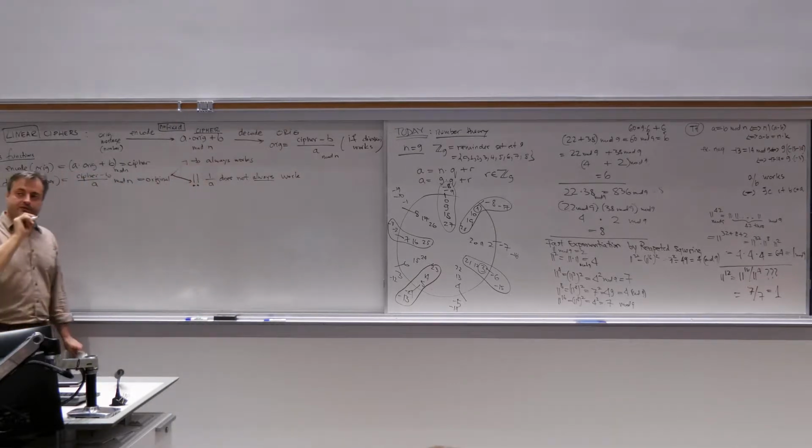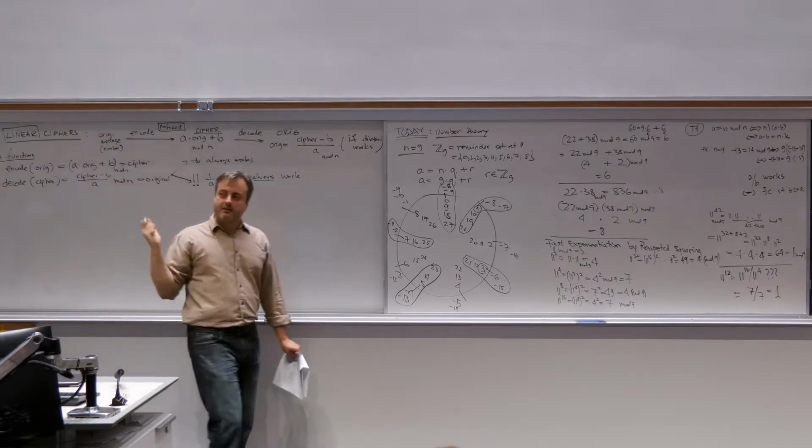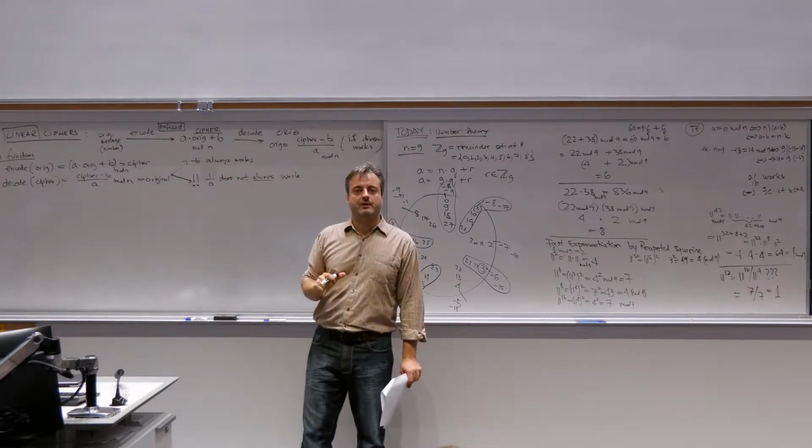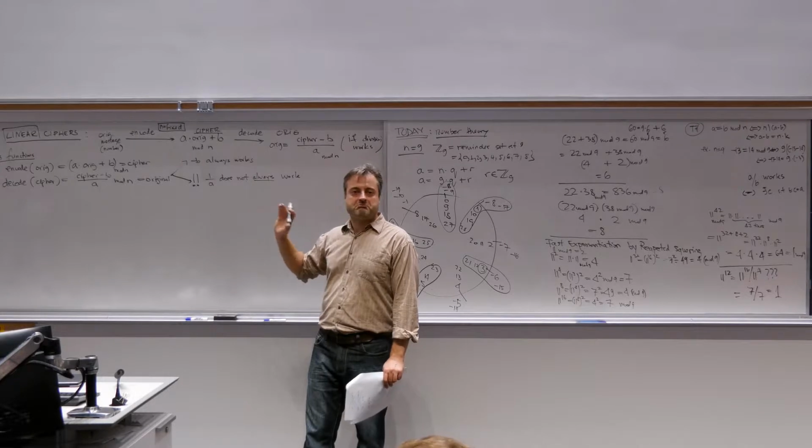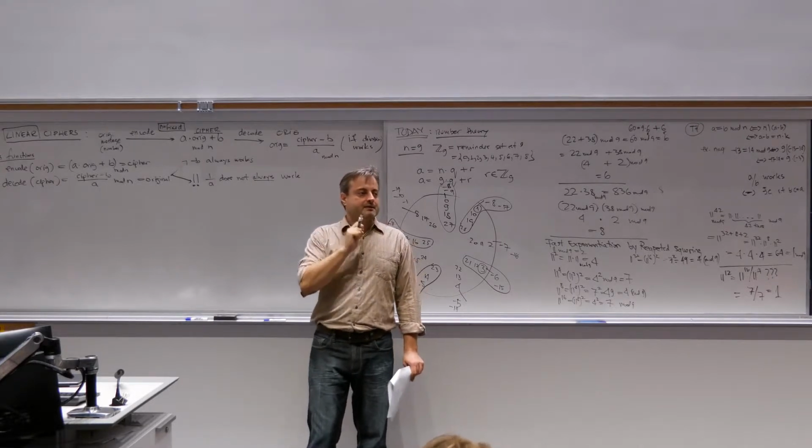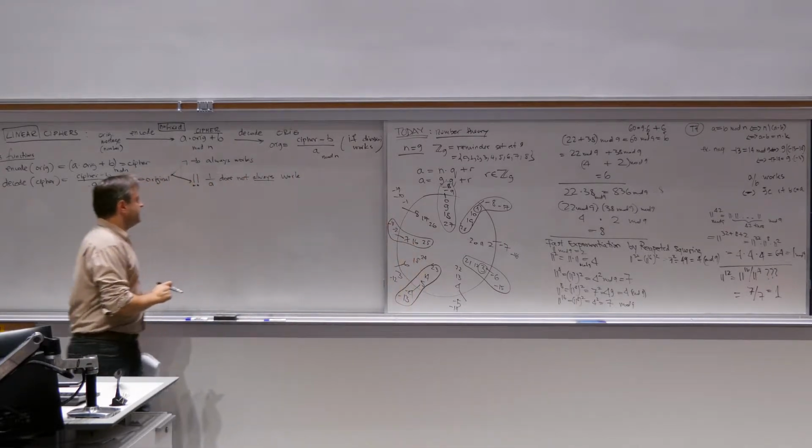So that's the thing with the minus. We can always bring in minus, no problem. You can choose any B, it's going to be fine. But A does not always work for division.